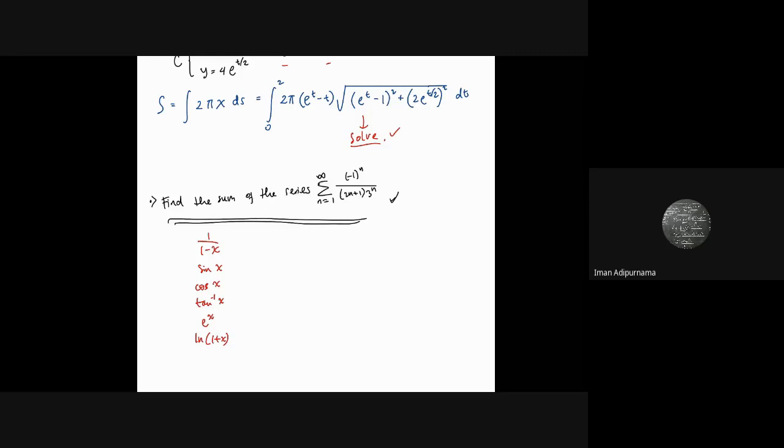From all these 6 functions, you need to at least know how to make it. Okay. And then you need to check whether this is suitable for applying the series. Okay.